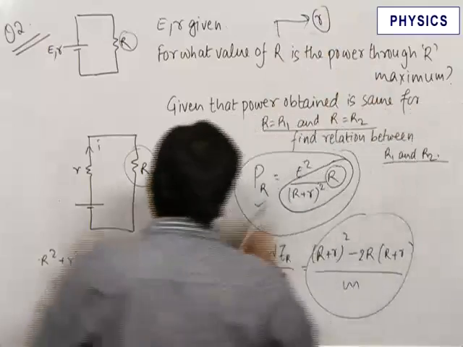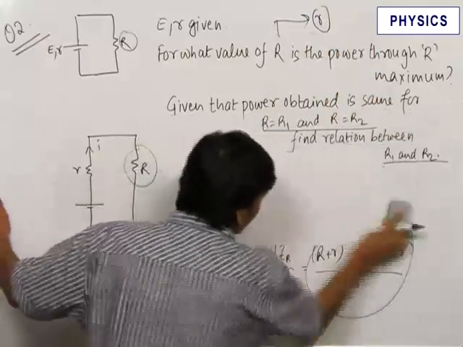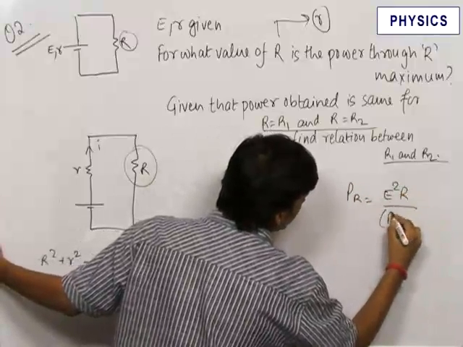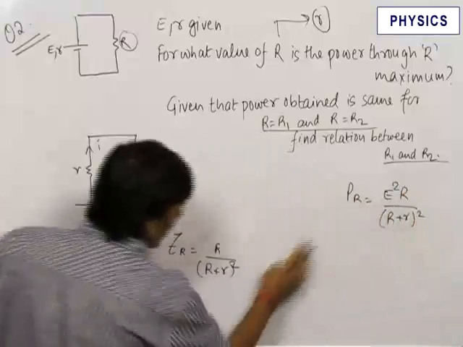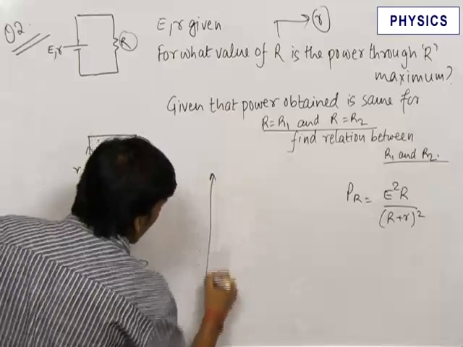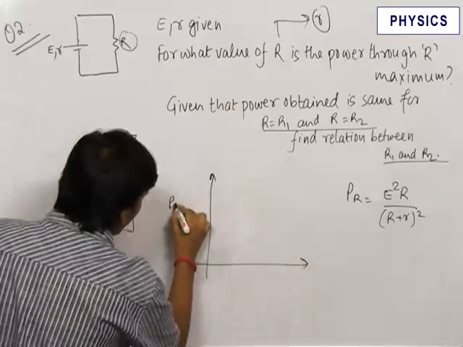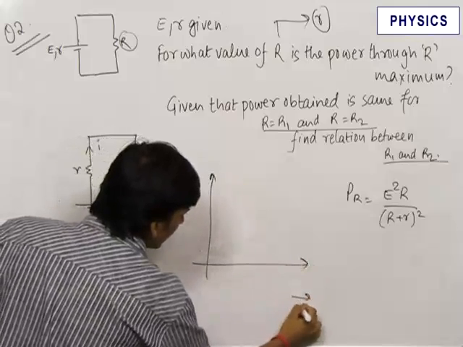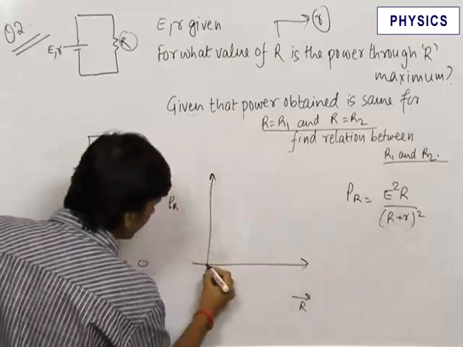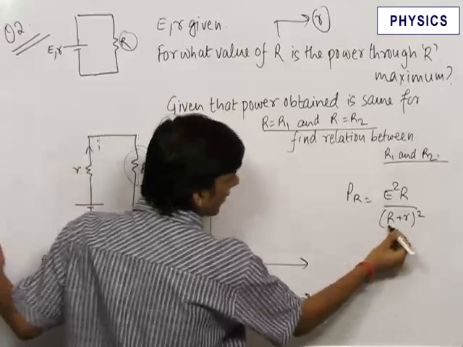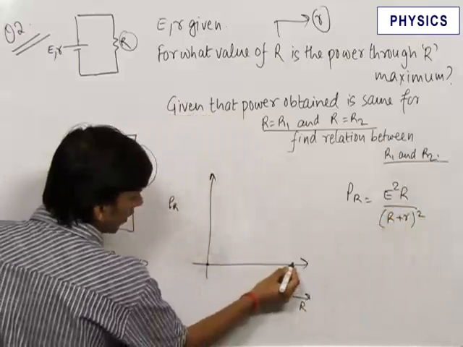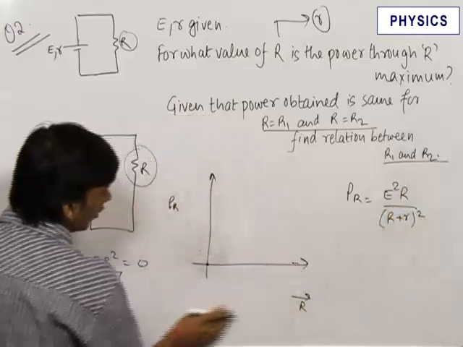Now for the second part, we knew that PR is equal to E square R upon R plus r whole square. Now on analyzing this, we see that if you draw the graph for power PR with changing R, if capital R is equal to 0, then the power is 0. If capital R is infinite, this term gets cancelled and again the power becomes equal to 0, that is tending to 0.